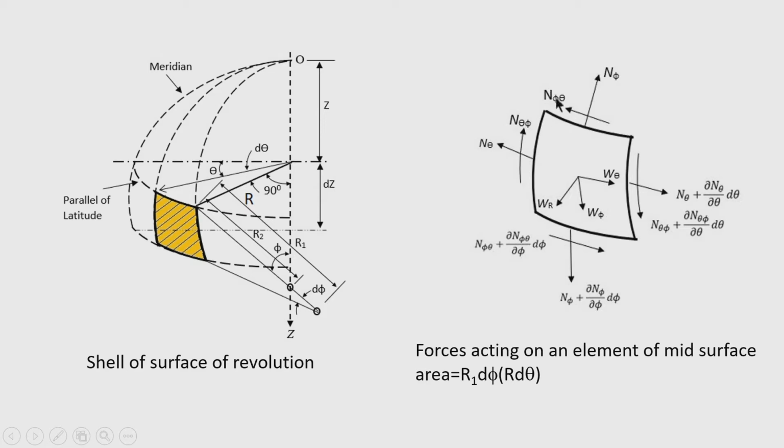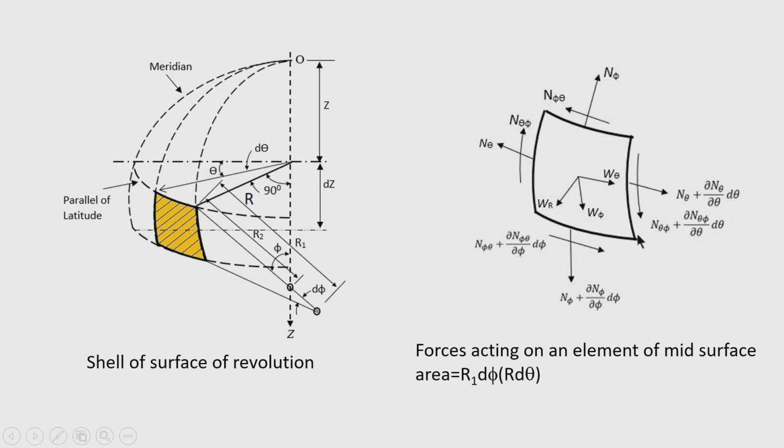Therefore, we do not consider any variation of this force along this small elemental length, and therefore the meridional force in this direction will be n phi into r d theta. Similarly, the membrane direct force on this edge will be n theta r 1 d phi.